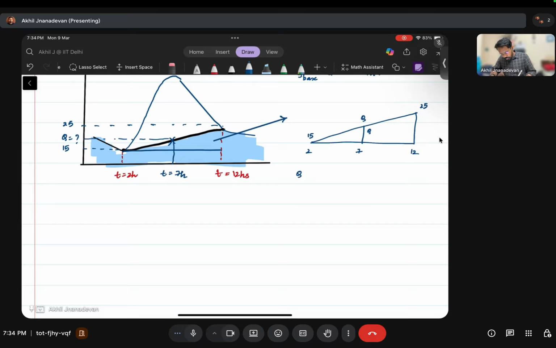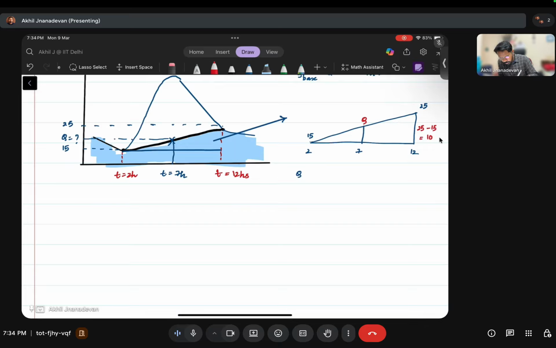This value we are taking as q, and this is 25, so this will be 25 minus 15, that is equal to 10.